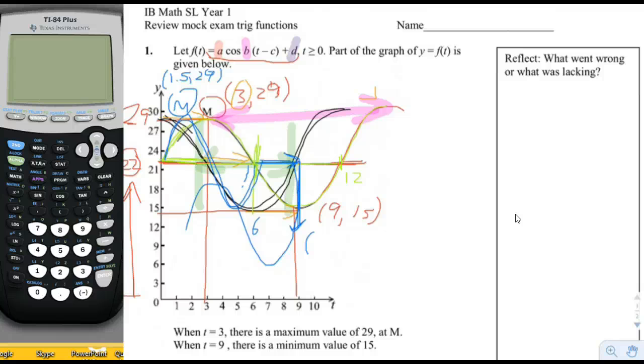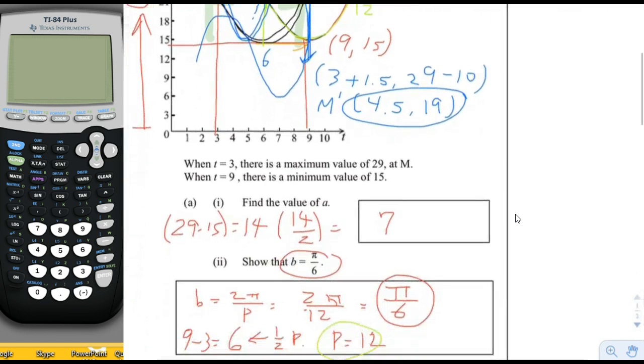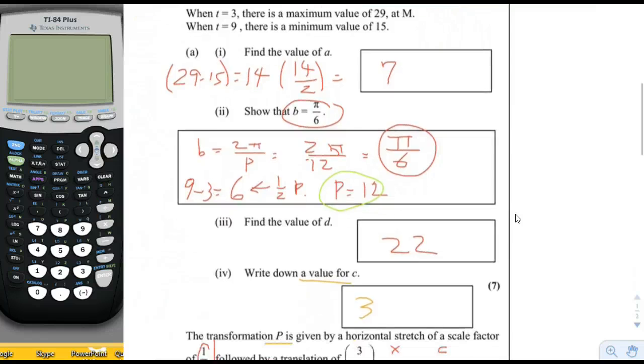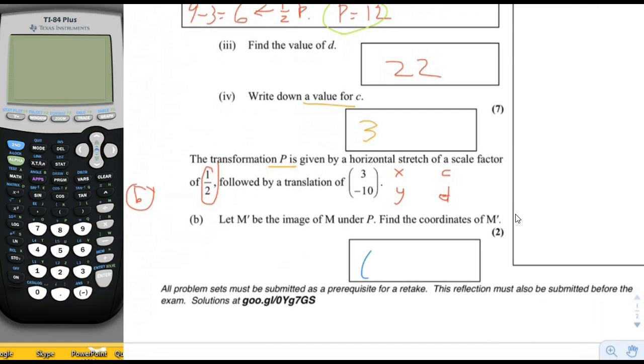So 1.5, 29 becomes 3 plus 1.5, and 29 becomes 10 down. So it's going to be 4.5, 19. Okay, so the new point M, which is M prime, is 4.5, 19, and that's what they're looking for here, 4.5, 19.